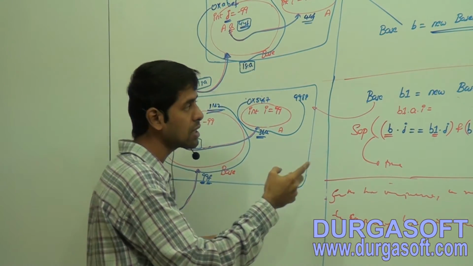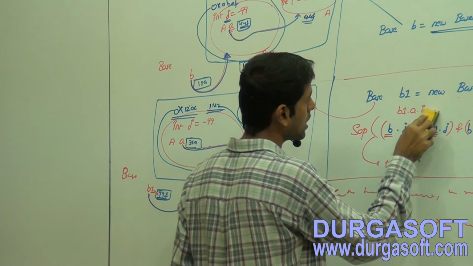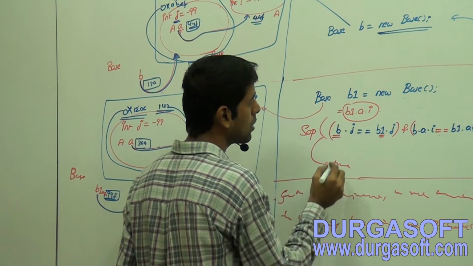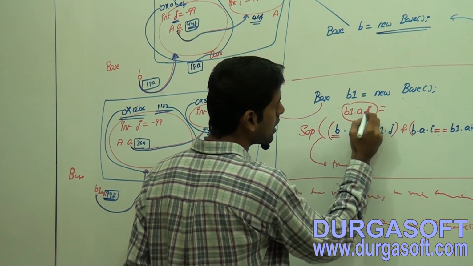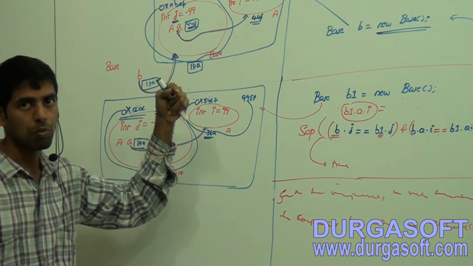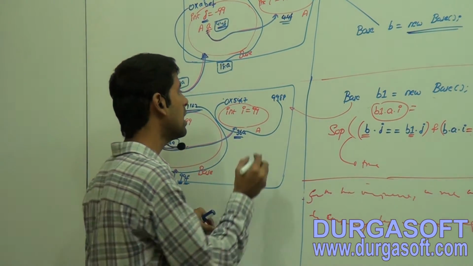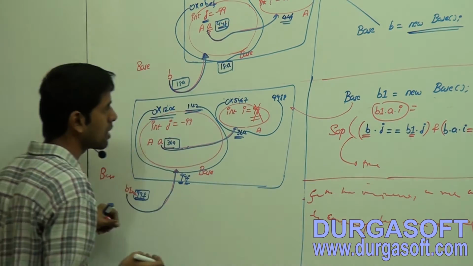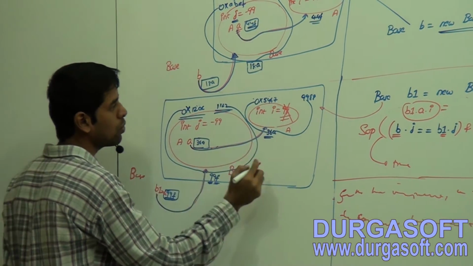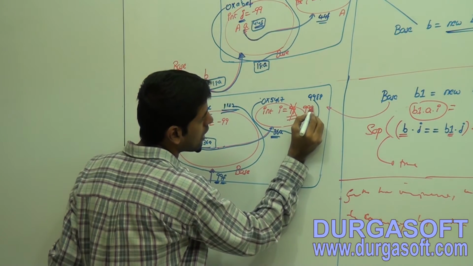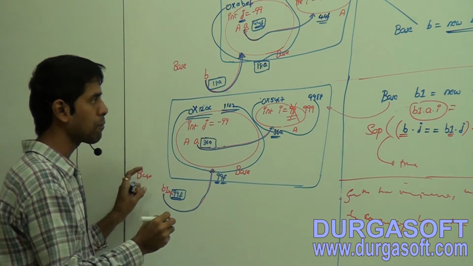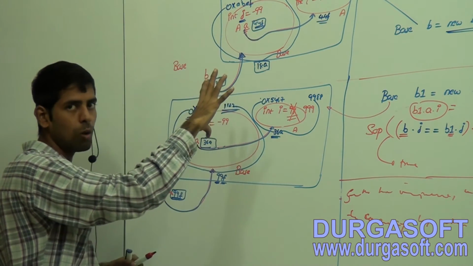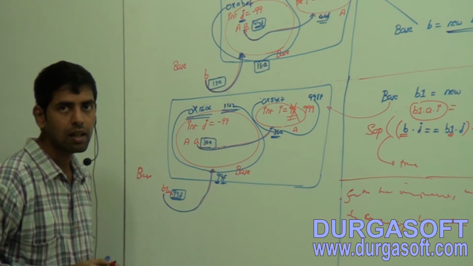Left side. If it is at the right side, what's the meaning? You are accessing the i variable value. If it is at the left side, you are referring to that block. Now let me change this value, b1.a.i, to 999. Observe, this one is the same in both the objects.